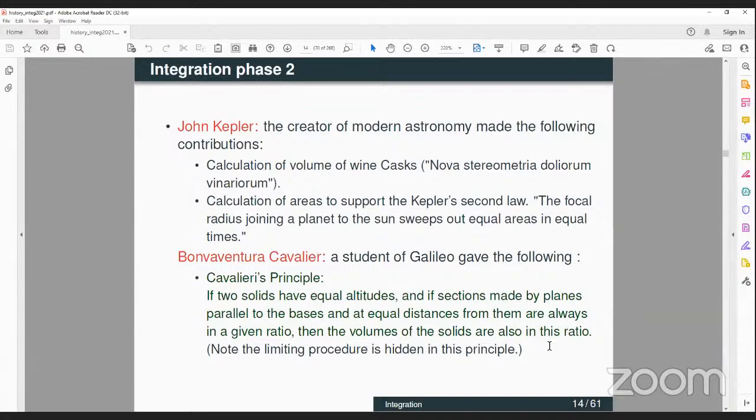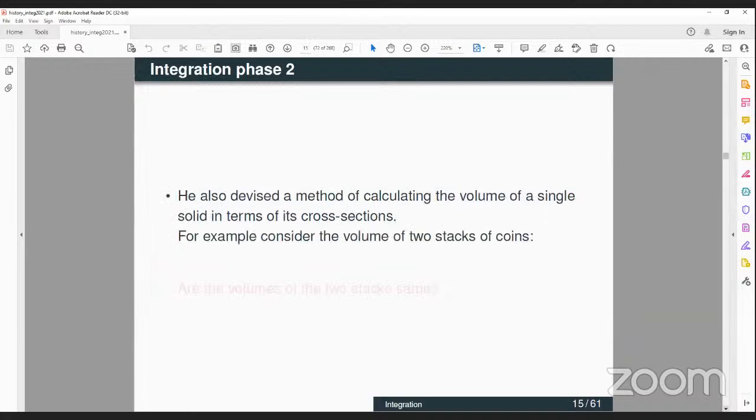Once again, the limiting thing is hidden, because physically you can make only a finite number of sections. If the sections are finer and finer, you will get the corresponding formulas for volumes. So he devised a method of calculating the volume of a solid in terms of cross sections.